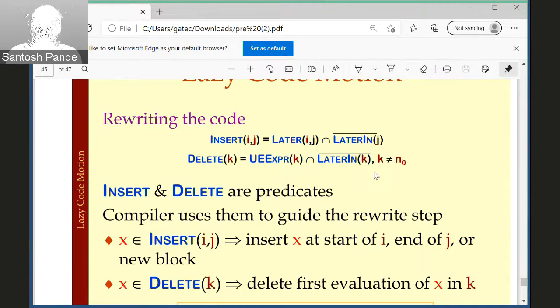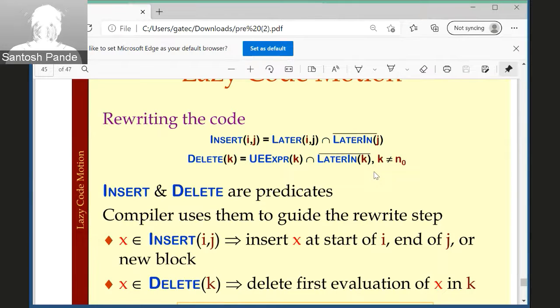And therefore, it has made now whatever is inside this K, which is upward exposed expression K, as redundant. So when both these conditions are met, that expression K, which is upward exposed in block K, is deleted. Okay, I hope this is clear why this deletion is a good idea.